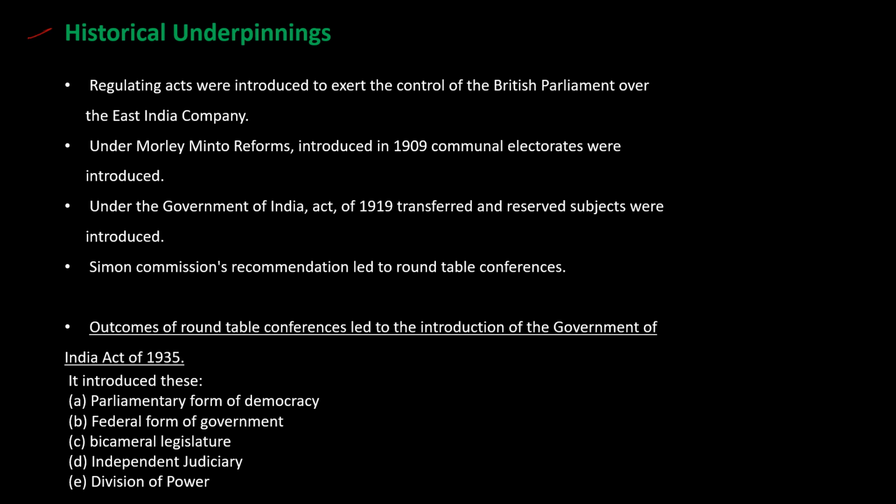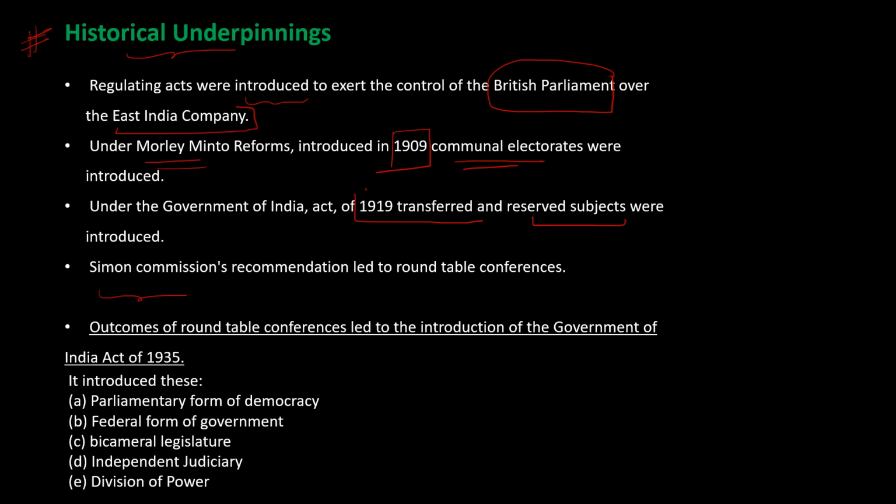Now coming to second topic, historical underpinning. Regulating Act was introduced to exert control of the British Parliament over the East India Company. Under Morley Minto reforms introduced in 1909, communal electorates were introduced. Under the Government of India Act 1919, transferred and reserved subjects were introduced.